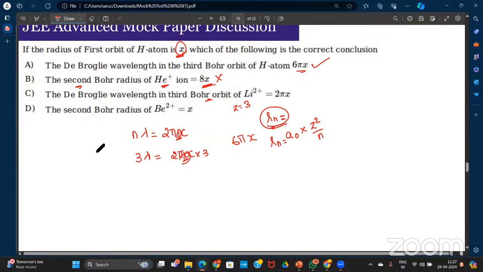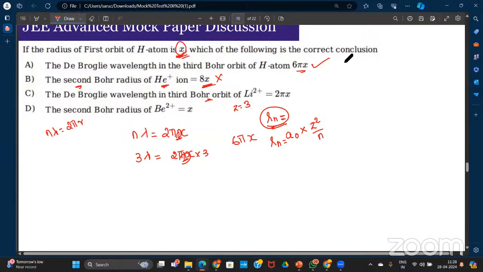And lambda is equal to 2 pi r. It is given that the radius of the first orbit of the hydrogen atom is x.